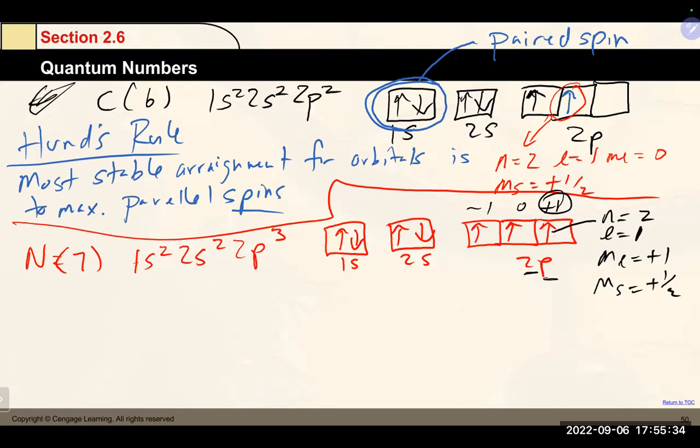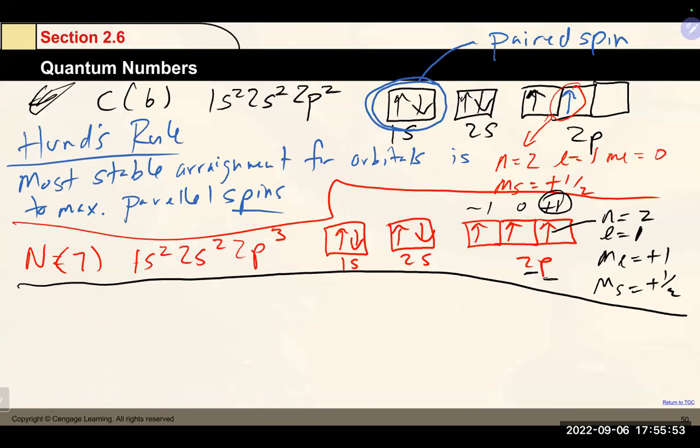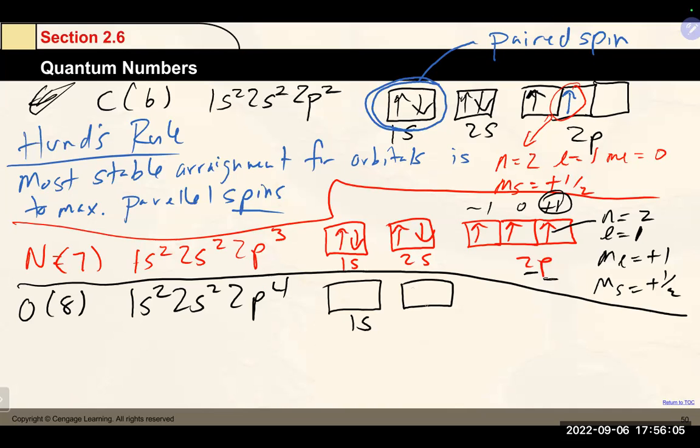At this point, we have no other options, right, other than to start pairing them up. We cannot maximize any more parallel spins with our p subshell. We actually still have 3 more spots to fill up in the p subshell before it's completely filled. So let us fill those spots here with oxygen, which is 8. It will be 1s2, 2s2, 2p4. Once again, putting in our guys. We go parallel first.